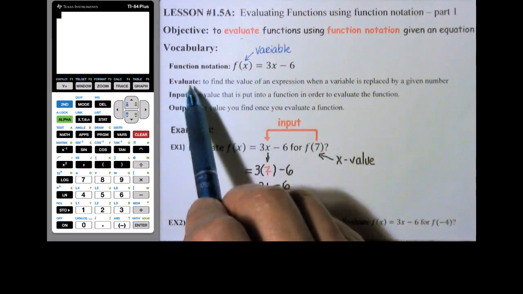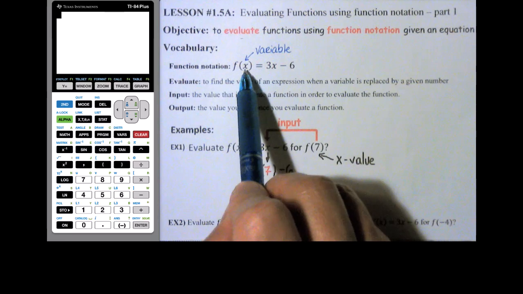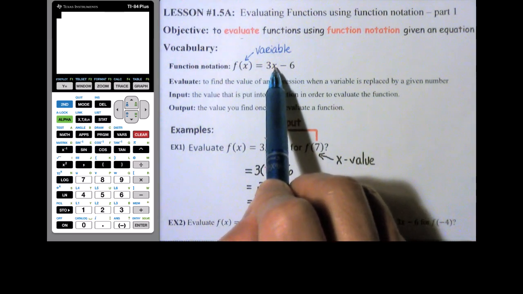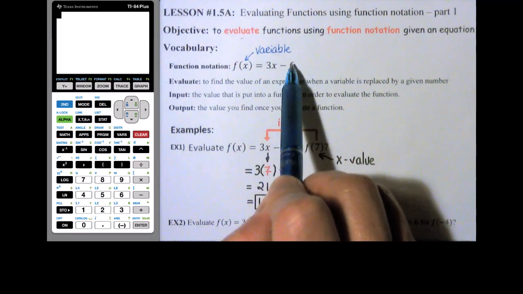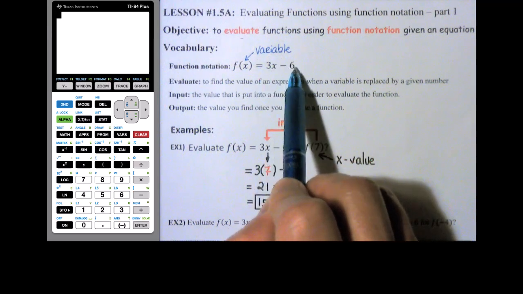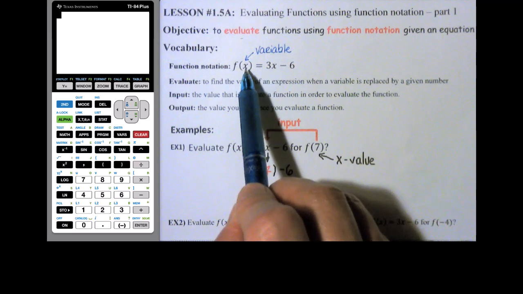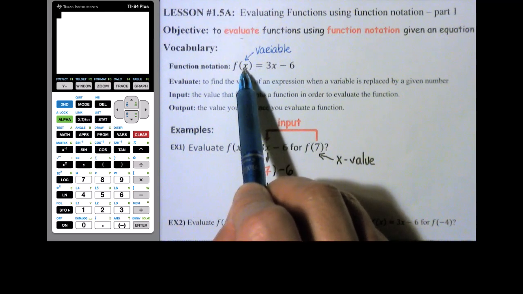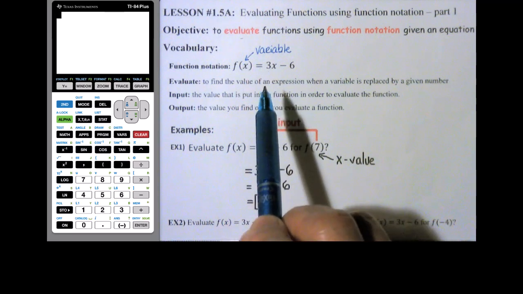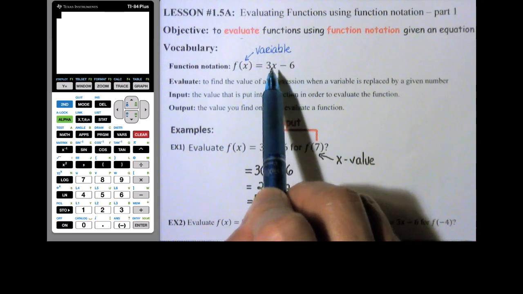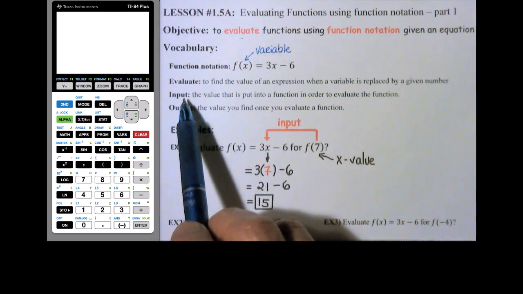When I evaluate a function, I'm going to change this x to a different value and plug it into this expression, and that will give me a new value for this expression. We're going to see this in a few seconds. But to evaluate, we're going to have a number here, plug it in, and evaluate what the value of that function is.